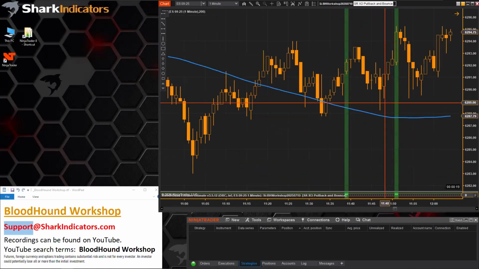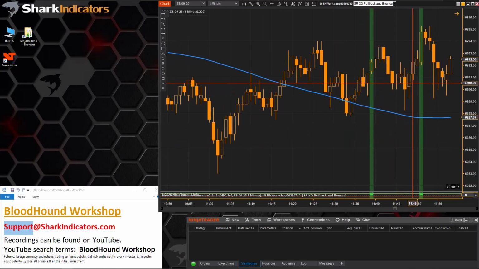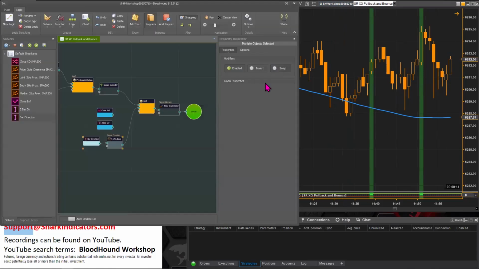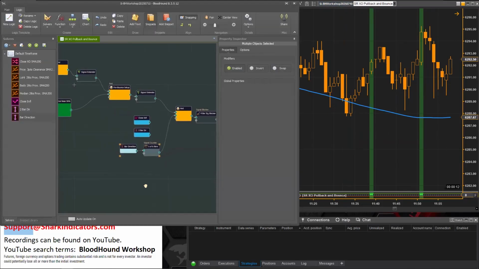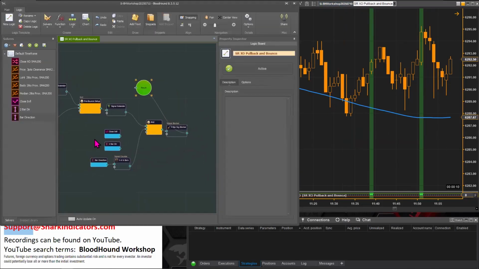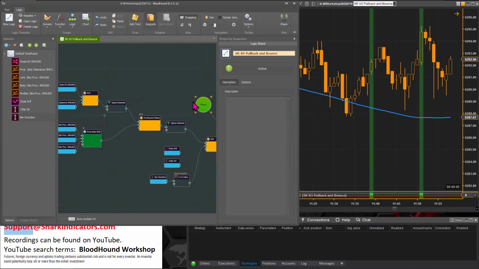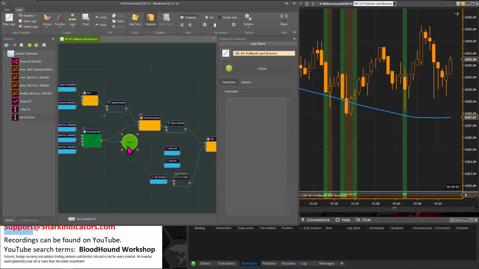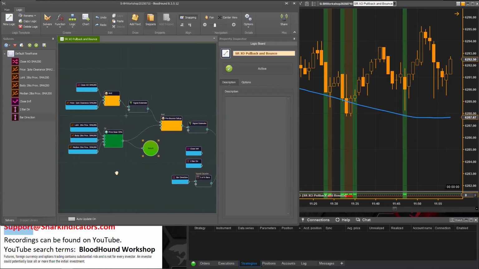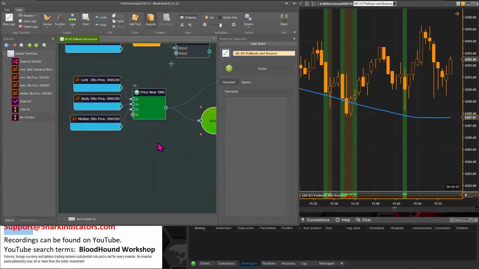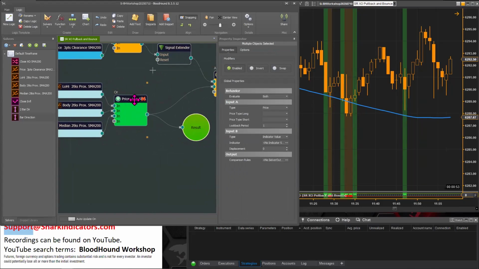So this is actually a good place to revisit the discussion from earlier. Remember, this part of the system here is identifying when price is near.